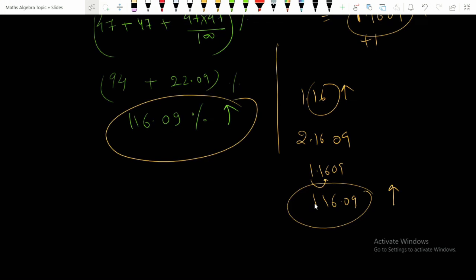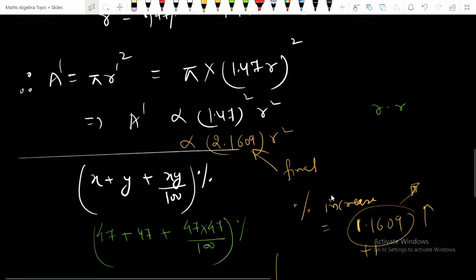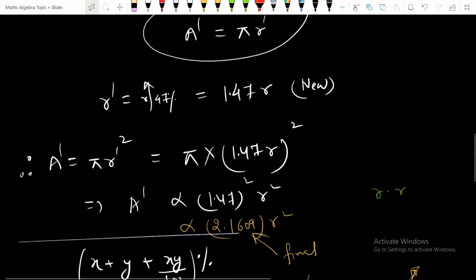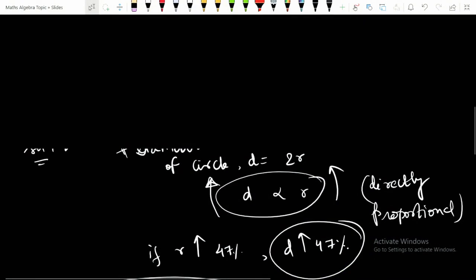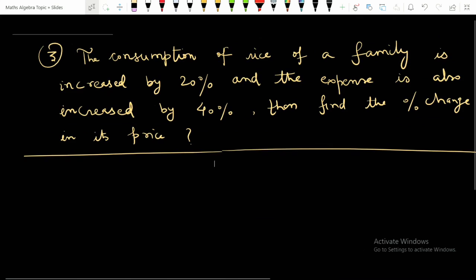See here, all the way you will get this answer, 116.09. So 1.1609 means 116.09 in terms of percentage. I hope it clears your question. So question number 3 next.